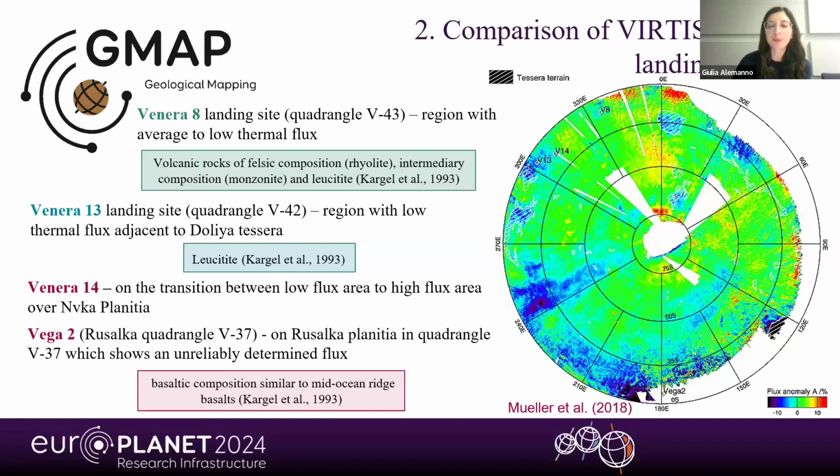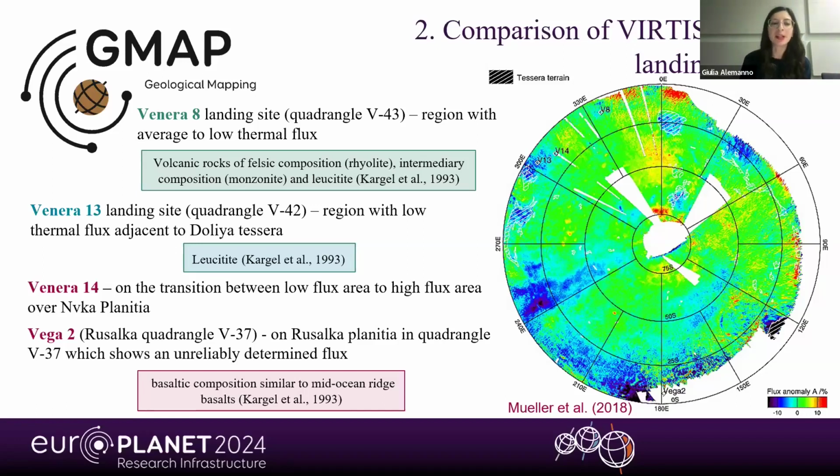But for the compositional data that have been obtained from the landers, it has been observed that the Venera 8 landing site has a composition that can be related to felsic rocks like rhyolite, or intermediate composition, or another type of rock which is known as leucitite, and it contains a feldspar.